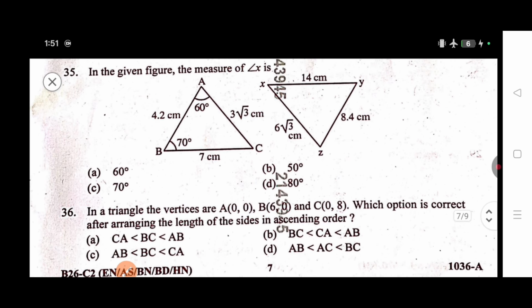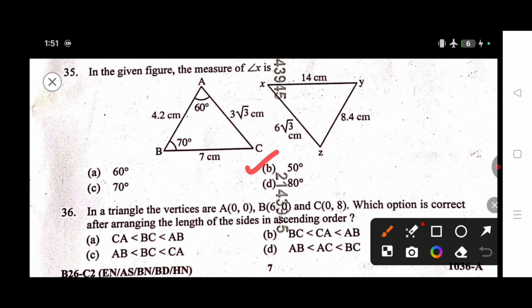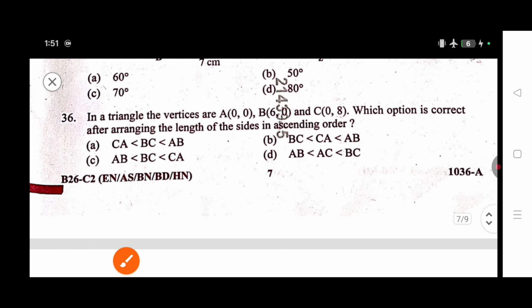And question number 36, option D is the correct answer.